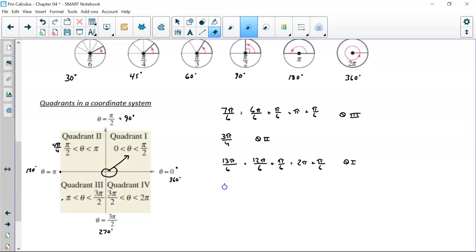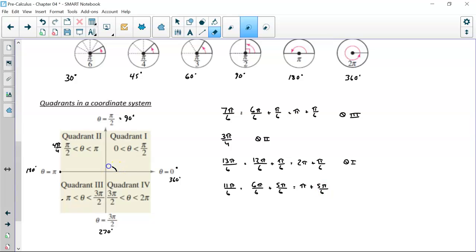Another example, 11 pi over 6. That is 6 pi over 6 plus 5 pi over 6, which adds up to 11. Now 6 pi over 6 is pi, plus 5 pi over 6.